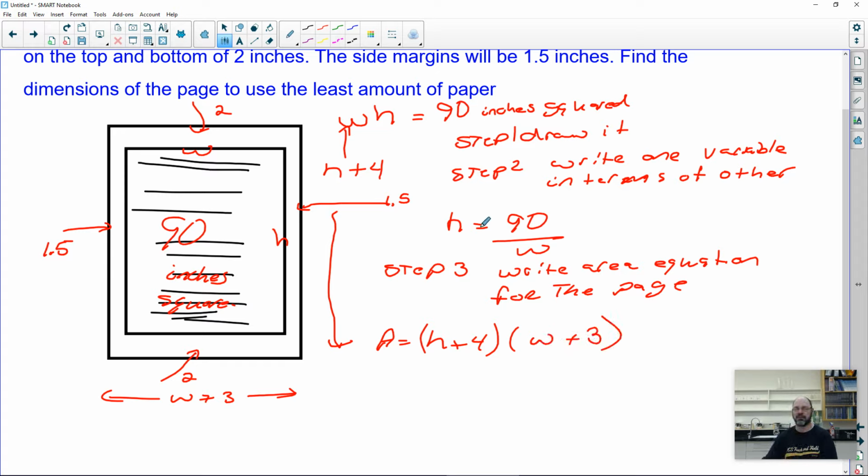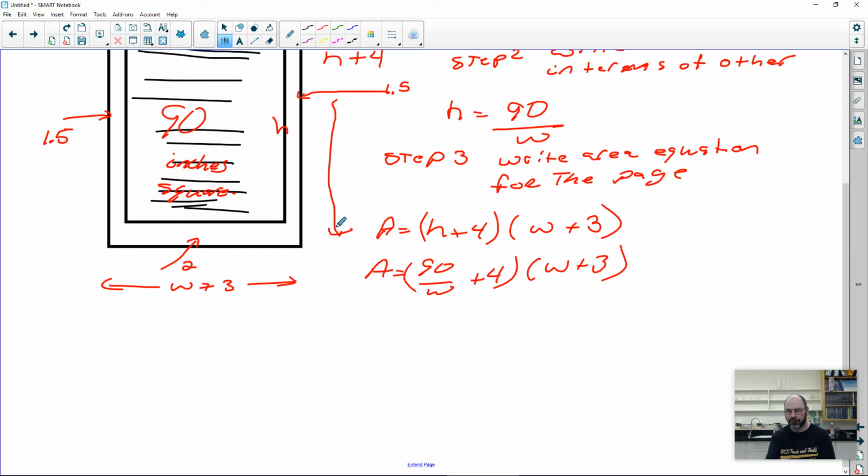It has to be in terms of one variable, so we got to plug this 90 over W in where the H is. 90 over W plus 4 times W plus 3. Okay, now we're going to expand this out so that we can get the derivative somehow. Okay, so we don't want to do the product rule if we don't have to. Let's expand this out and use the power rule.